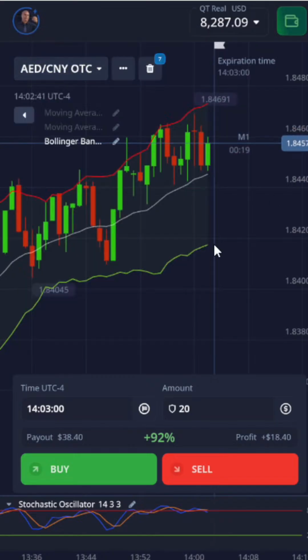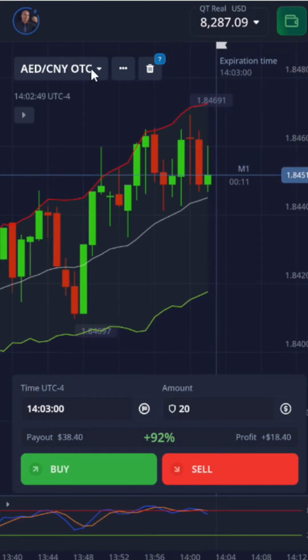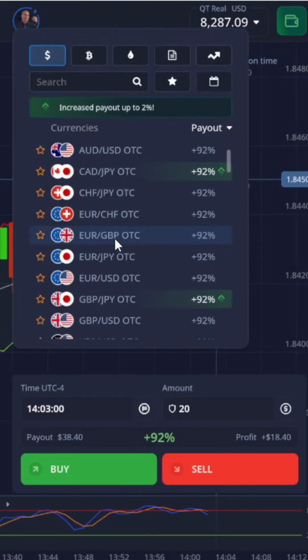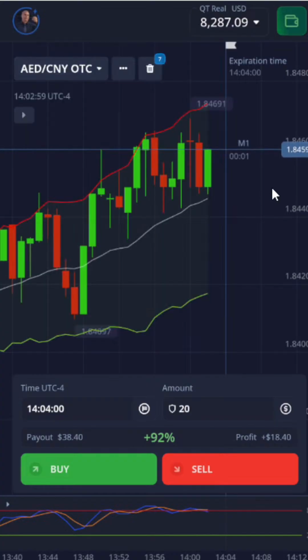The reason I create a new account every 3 months is because if you keep trading over time, if you mix your account with the OTC and open market, see this right here, it's open market. Those are good because this one is a candle manipulator. This one is a candle manipulator, yes.